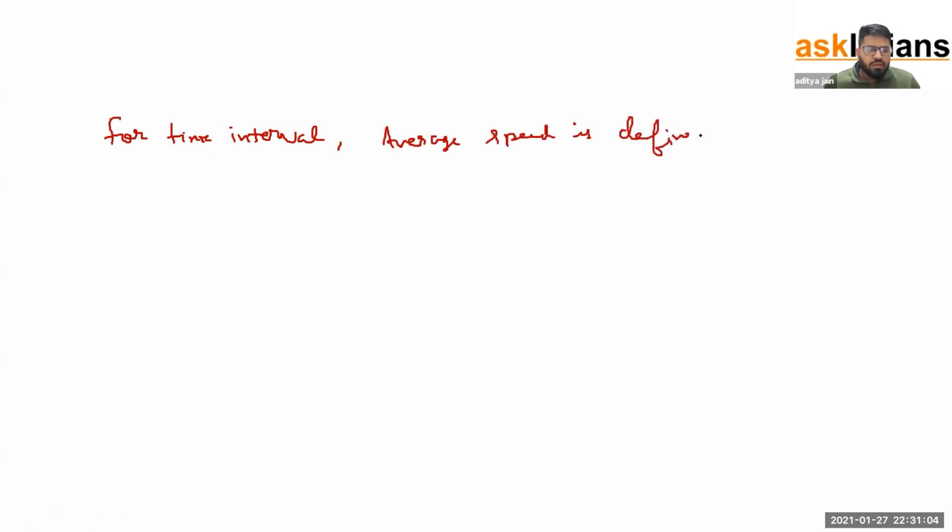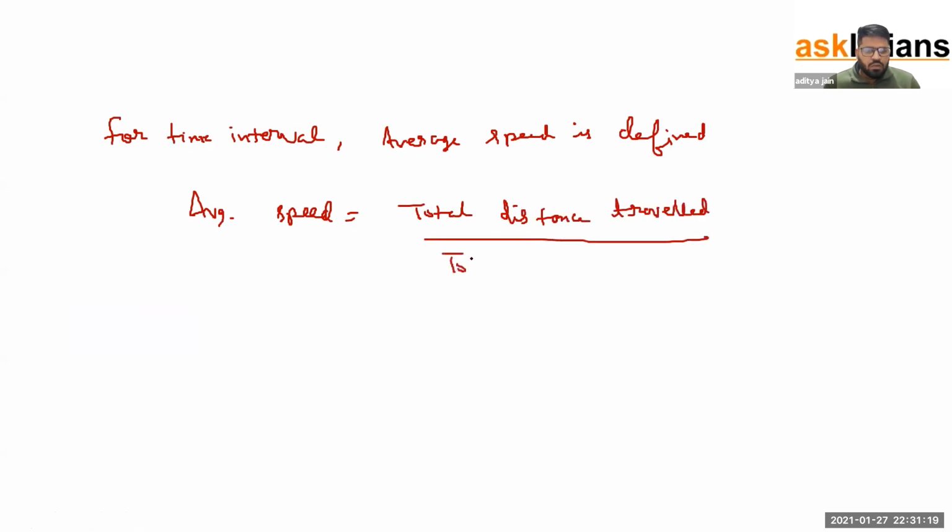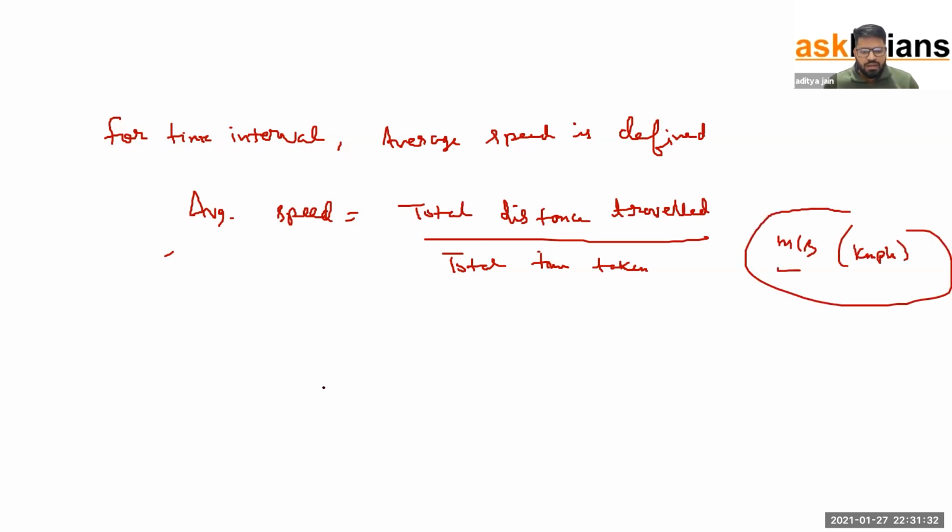If you are concerned with any time interval, average speed is defined, and average speed is given by total distance traveled over total time taken. The unit can be meter per second or kilometer per hour, kmph, anything, but the SI unit is meter per second. And the second thing is known as instantaneous speed.